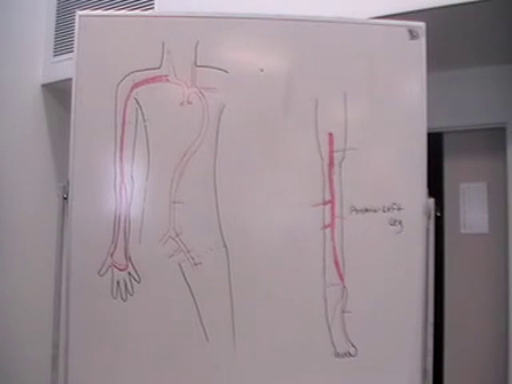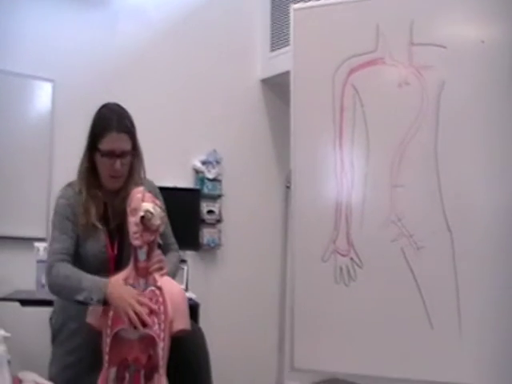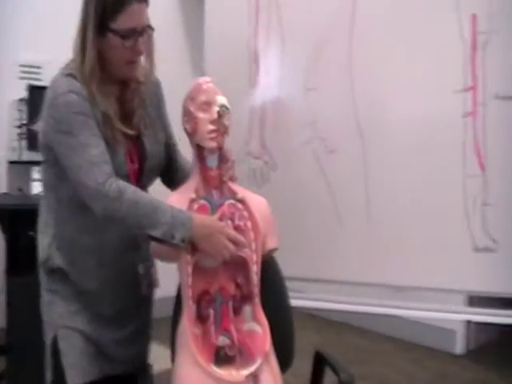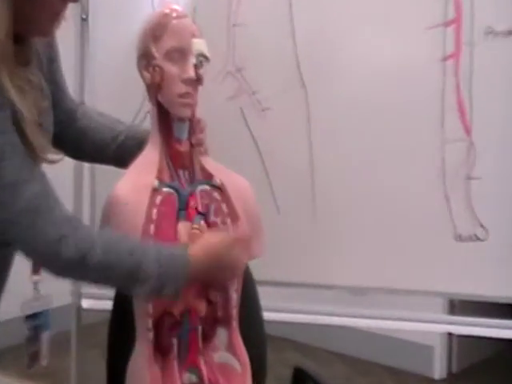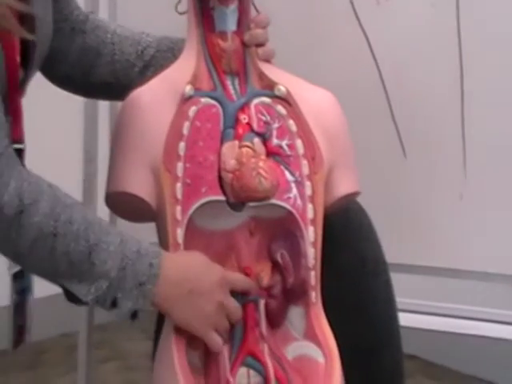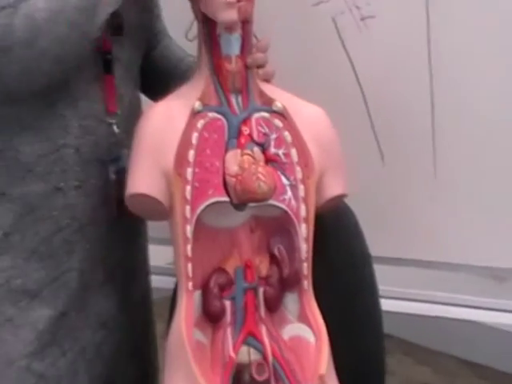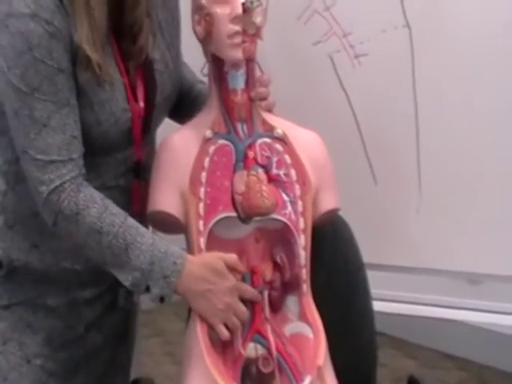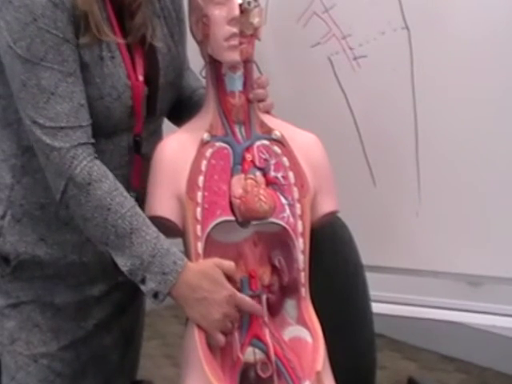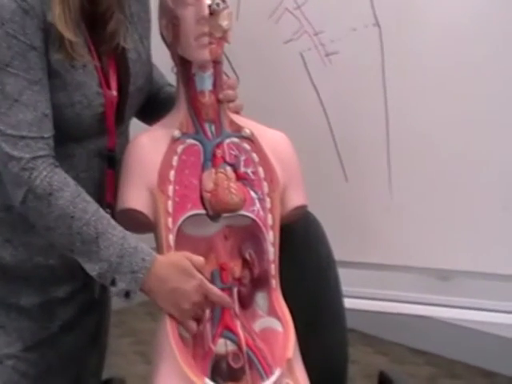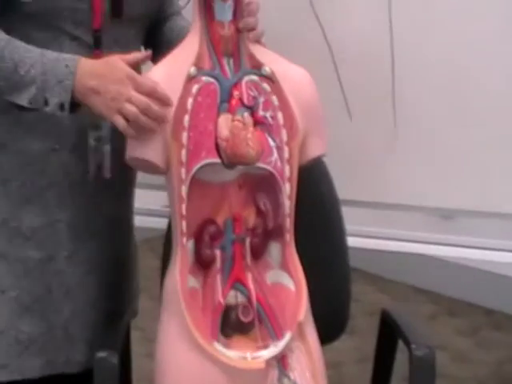Then the aorta will, my picture's obviously not quite anatomically correct, but I'll bring the man around, it will come behind the heart and then it will pop out in the abdominal cavity. What's it called down here? The abdominal aorta. Excellent, so the abdominal aorta, and then that's going to branch into a left and right branch.